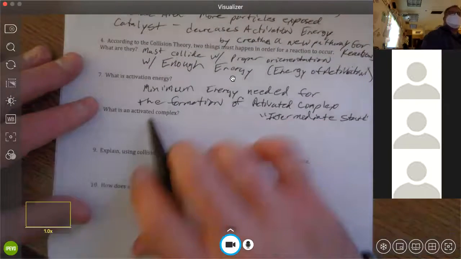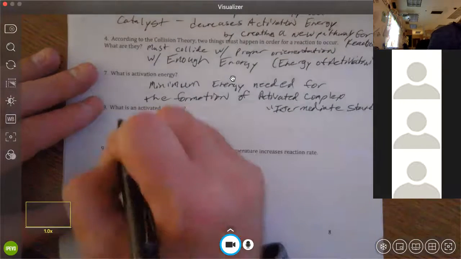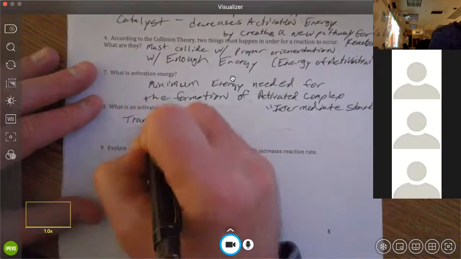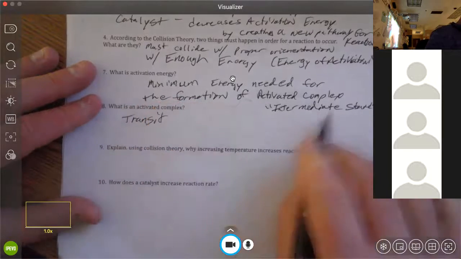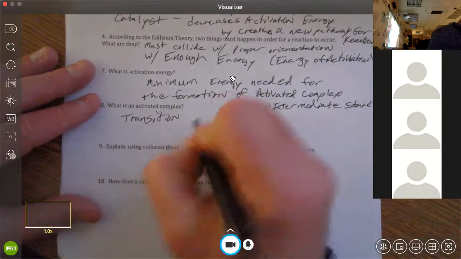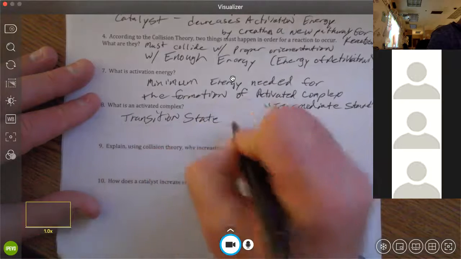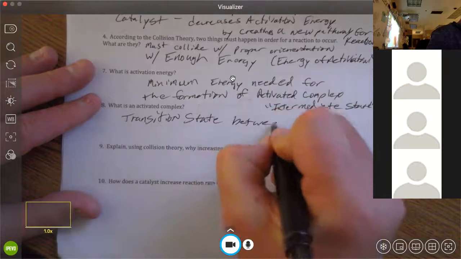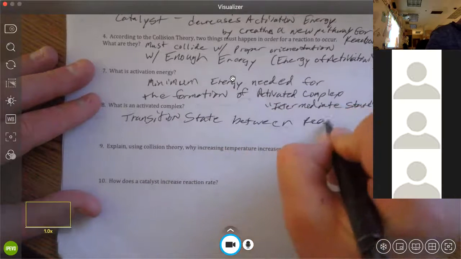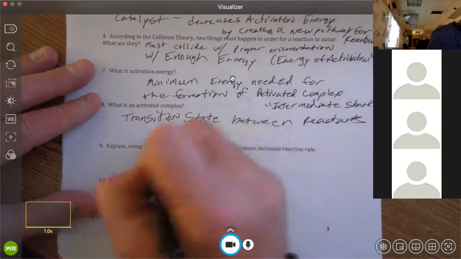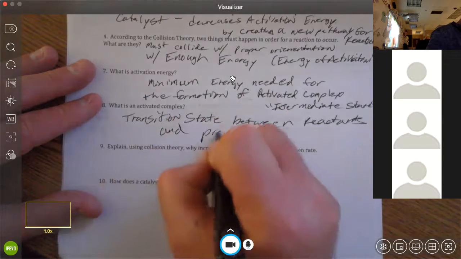What is the activated complex? It's the transition from reactants to products, or the intermediate state, or the transition state between reactants and products.